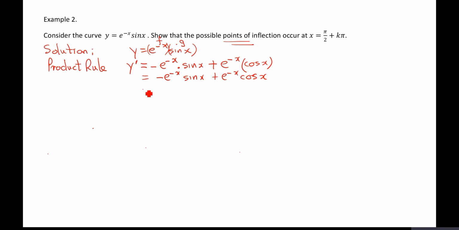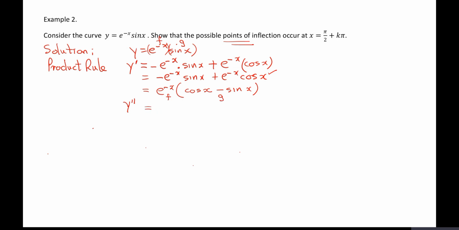There's a common factor there. We can remove the common factor of e to the minus x. Then I'm left with cos x. It should be the other way around, but I just want the first term to be positive, and minus sine of x. Now that will make finding the second derivative a lot easier, because now I can use the product rule again, but then e to the minus x becomes my f and that bracket becomes my g.